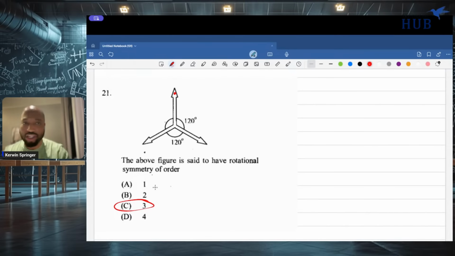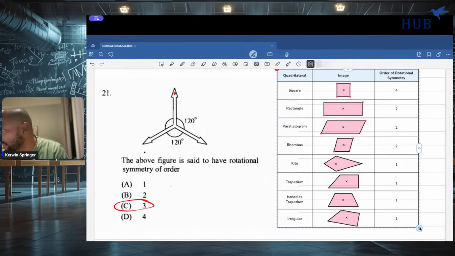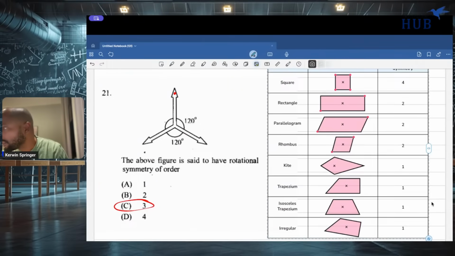Let me just do a quick double check of this. A square has 4.